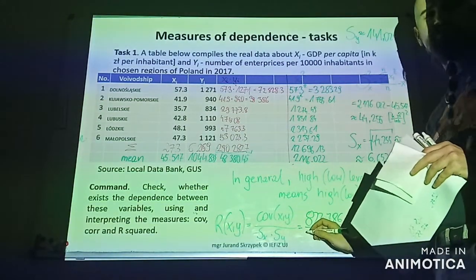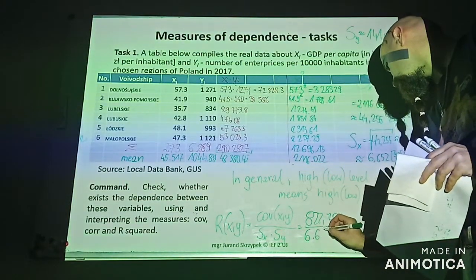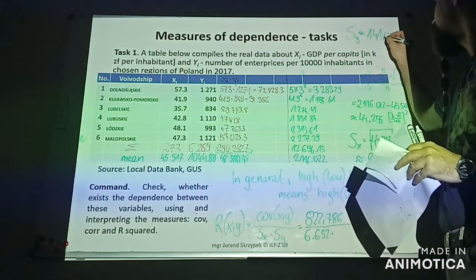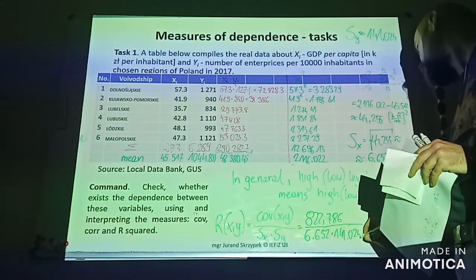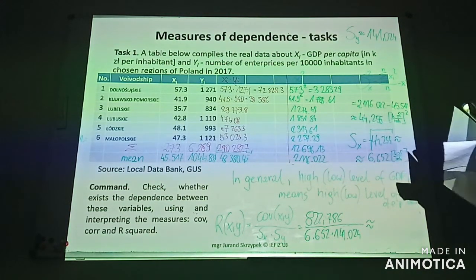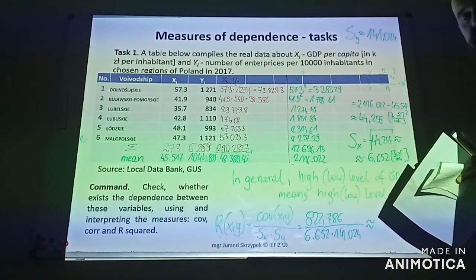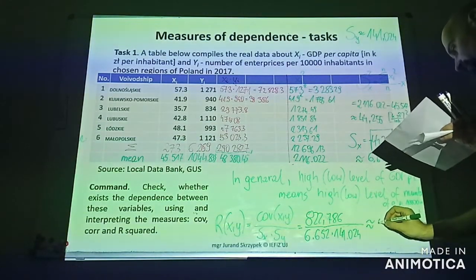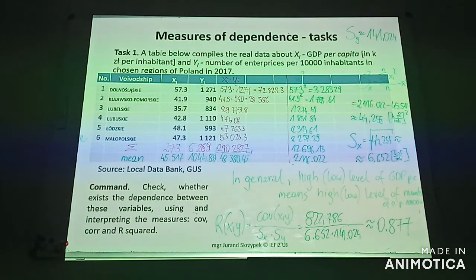And in the denominator, we have what? 6.652 by 141.024. And finally, we have the value of R coefficient, coefficient of correlation at the level of 0.877. 0.877. This amount has no unit. Yeah.